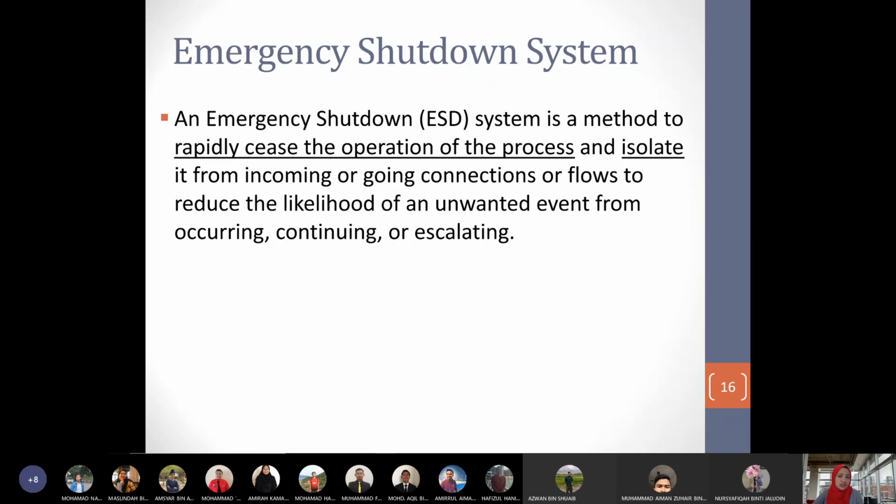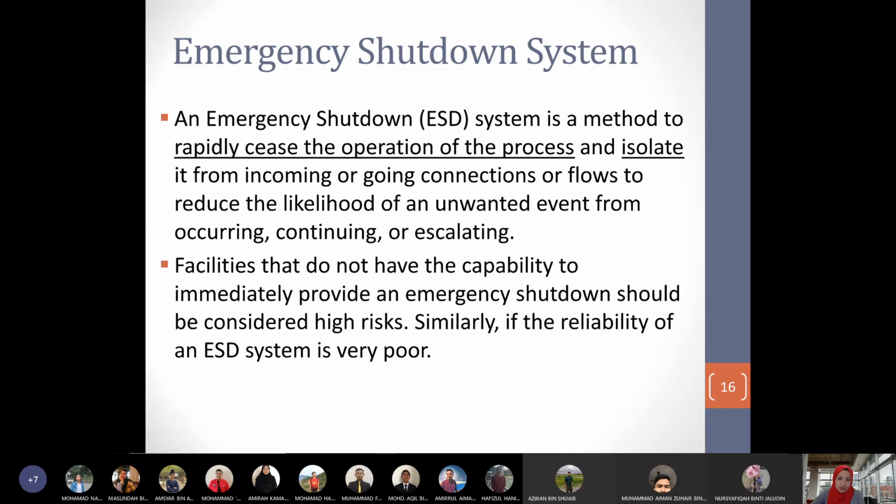Now, an emergency shutdown system, ESD, is a method to rapidly cease the operation of the process, to stop it, because you want to isolate it from incoming or outgoing connections or flows, to reduce the likelihood of any unwanted event from occurring or from continuing or from escalating further.